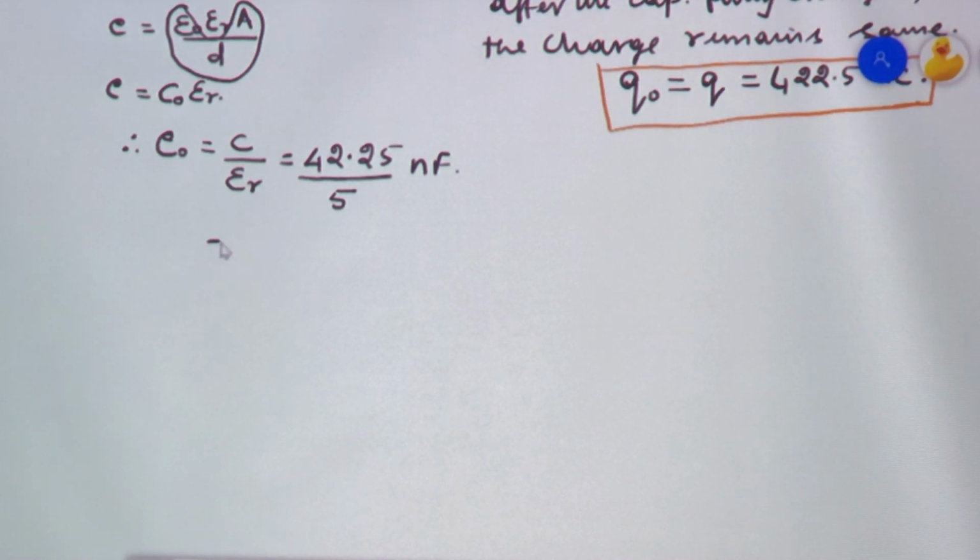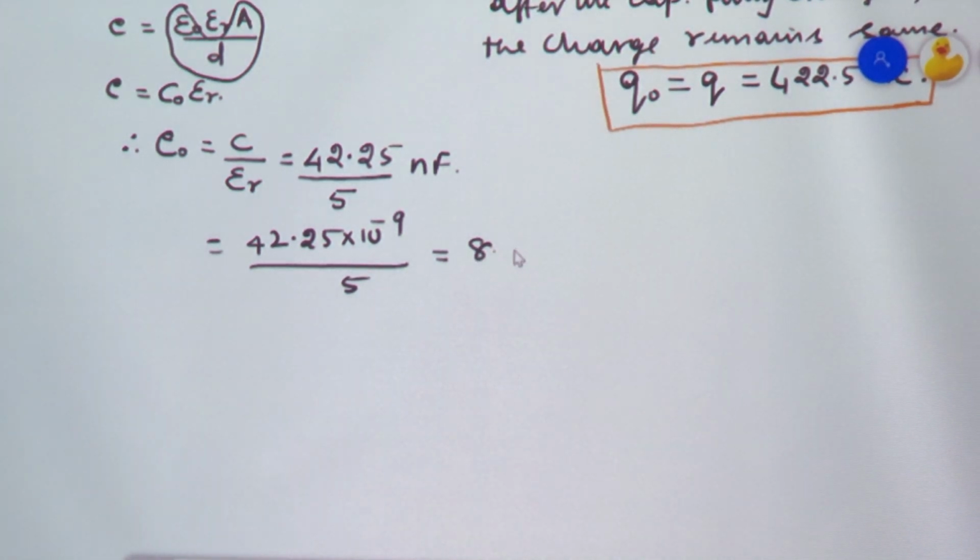Or you can write like this, 42.25 into 10 to the power of minus 9 divided by 5. Simplify, you will be getting 8.45 into 10 power minus 9 farads.